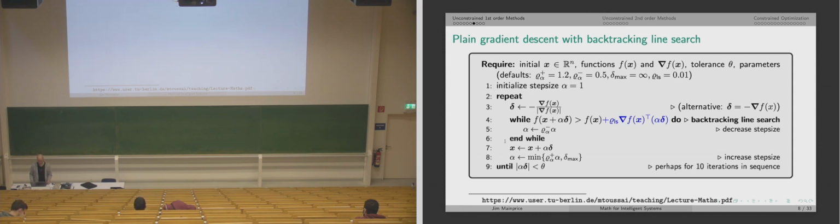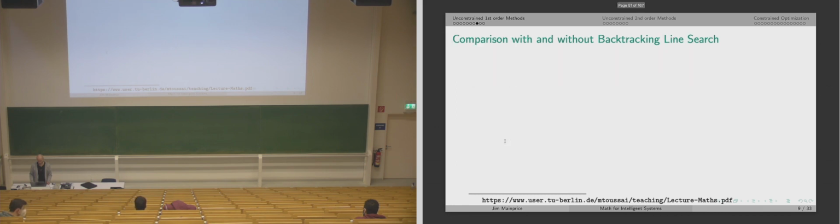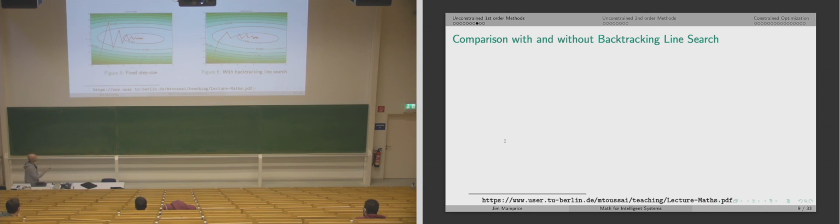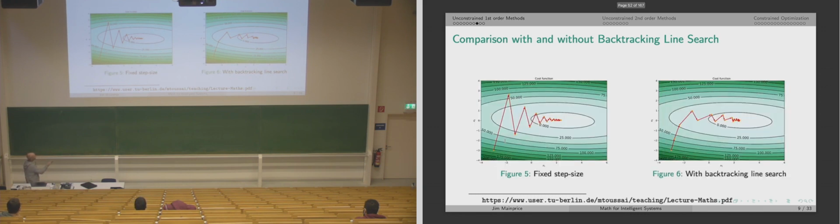Okay, so a comparison with and without backtracking line search. Here we have our quadratic example. You see that if we do have backtracking line search, here we're going down, and this is going up again, and then we're landing here. Instead, here, because it's already going up, starting here, just because of the curvature of the function.